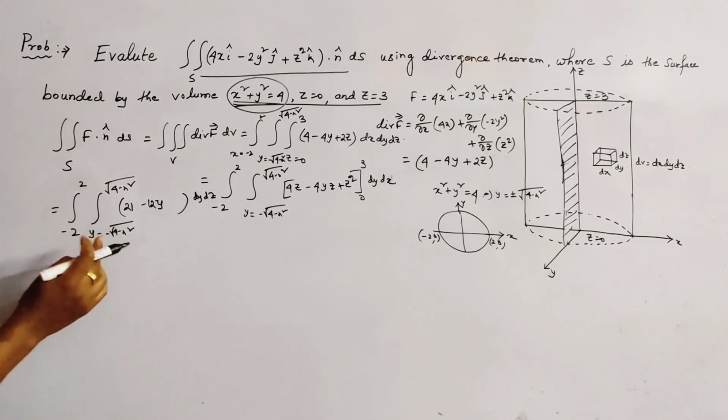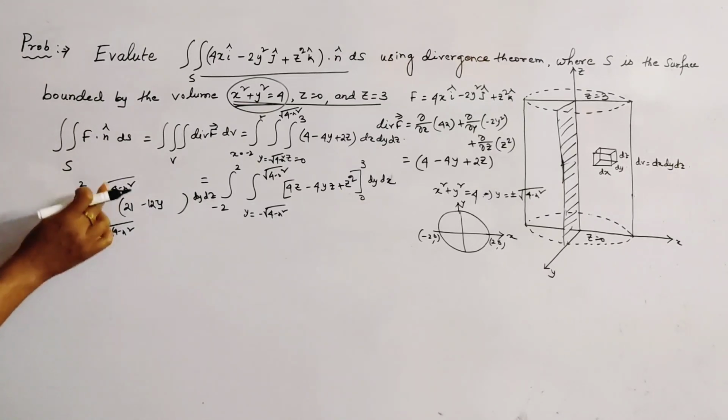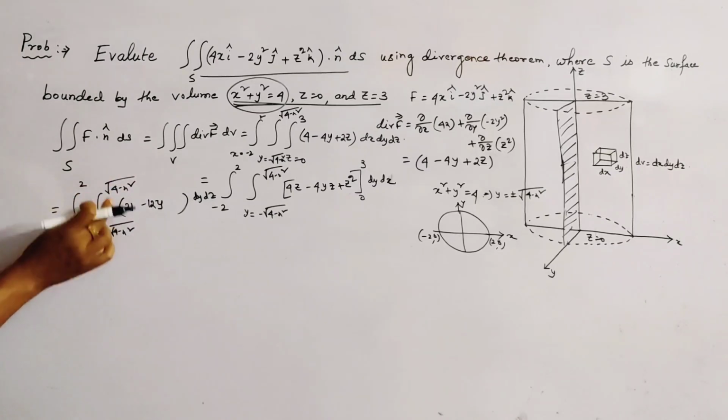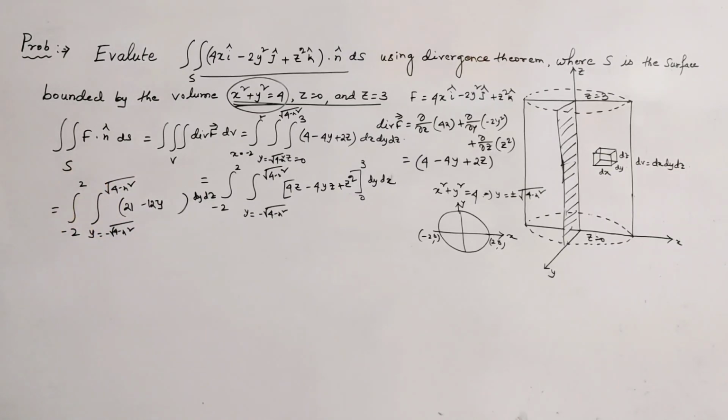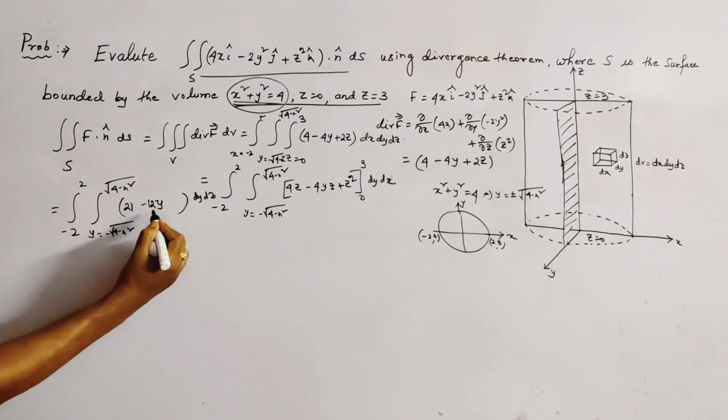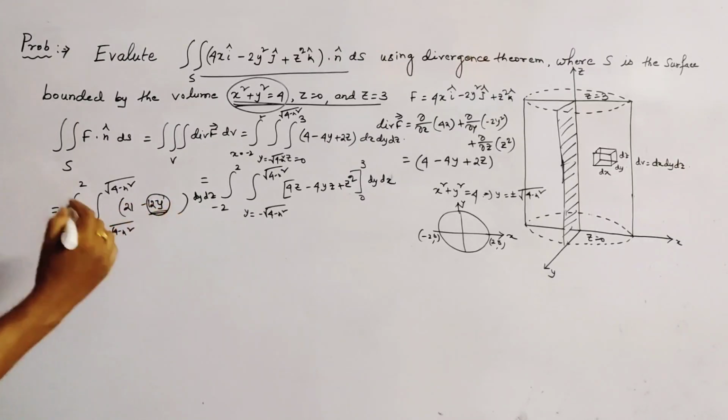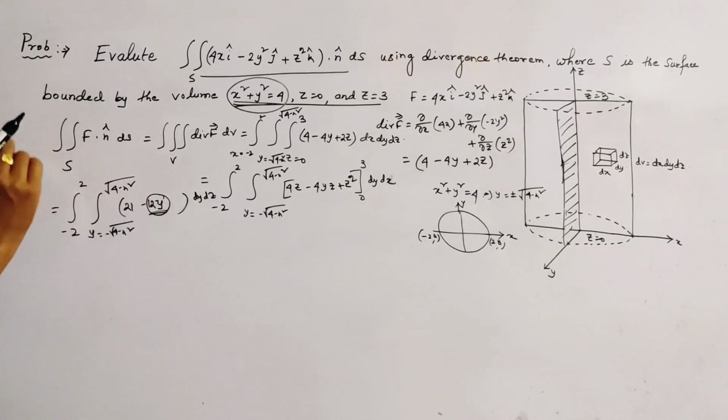Now clearly both the ranges are of type minus a to plus a. And we say that this term 12y is an odd function with respect to y.